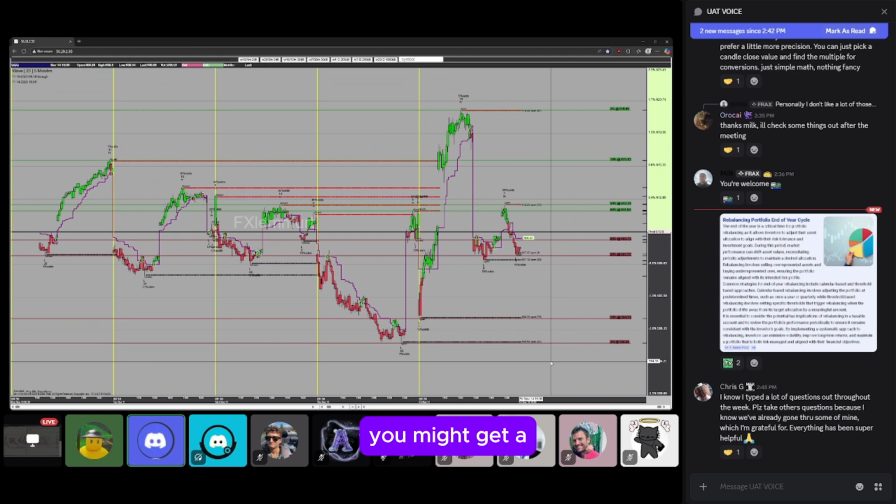So sometimes you might get a 1, 2, 3 count and then go above the pivot, or sometimes you might get a 1 count and go above the pivot. But it's just another timing tool to help us see what traders are doing on the left-hand side of the graph.